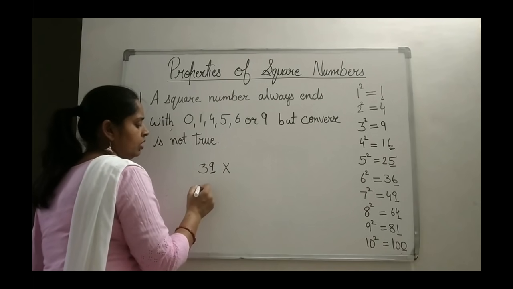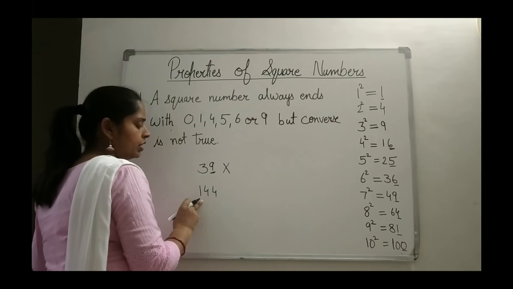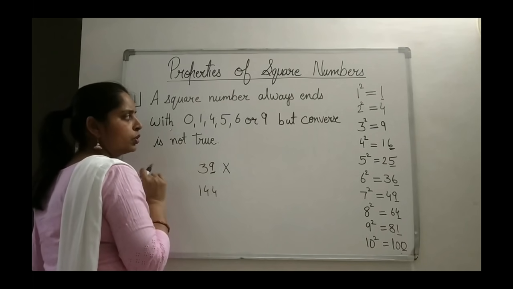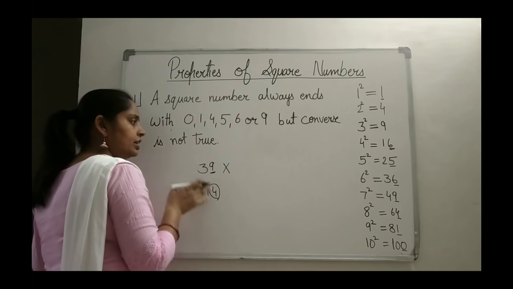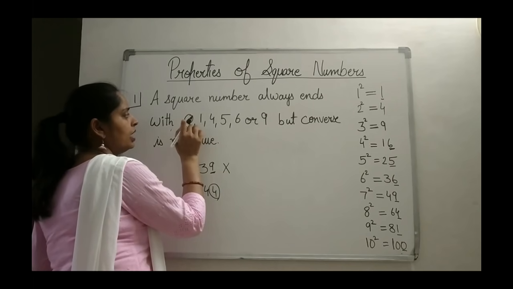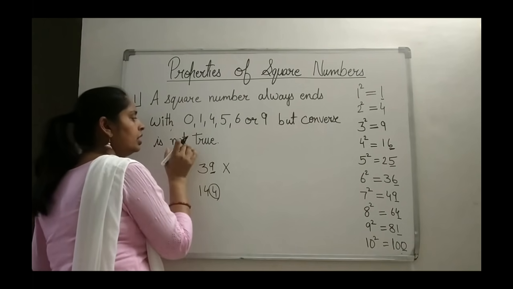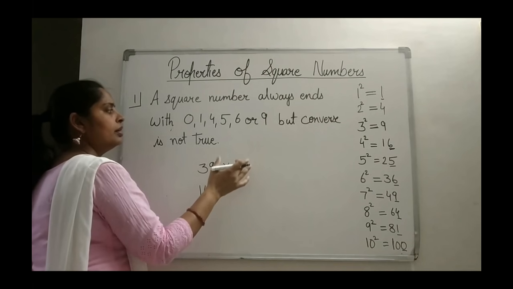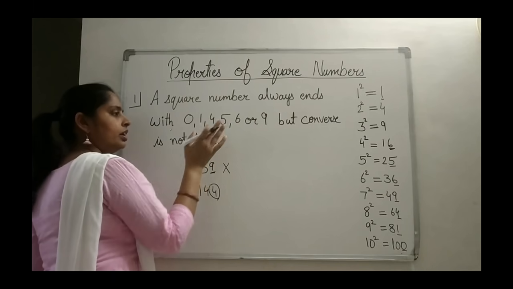If I say 144, 144 is the square of 12 and it is ending by 4. So it is seen that a square number always ends by 0, 1, 4, 5, 6 or 9. But the converse is not true, means any number which is ending by these digits will be a square number, no. Is it clear?